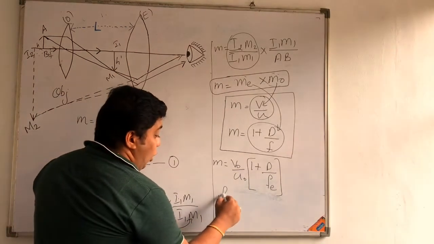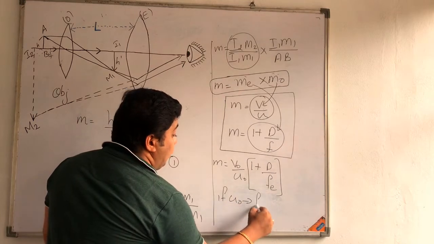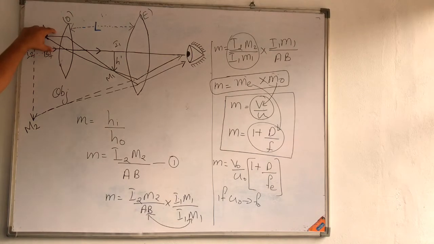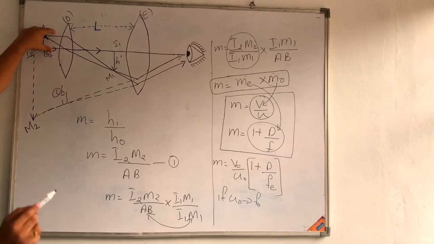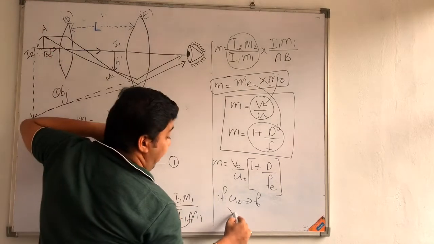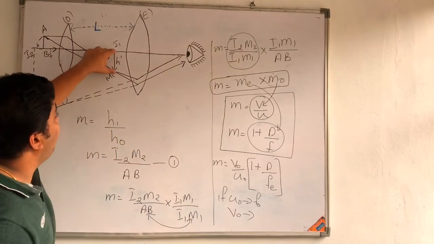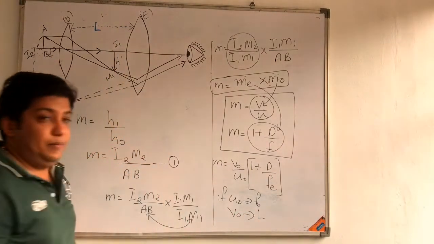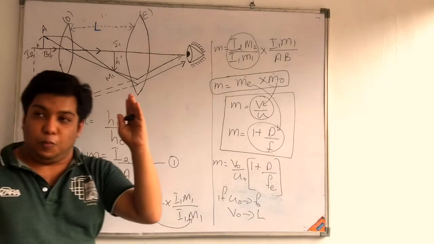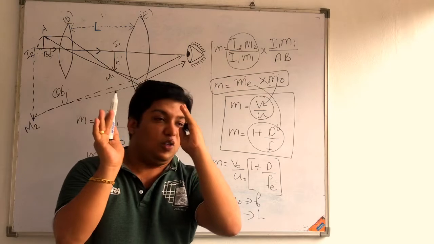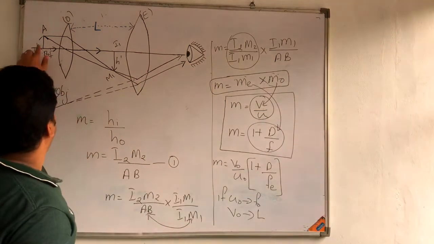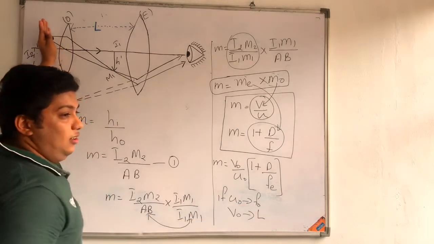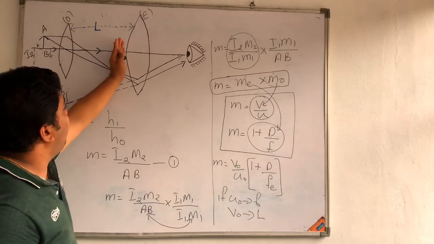Therefore, if the object distance is equal to the focal length of the objective lens, that means the object is moved to the focus, then the image will move towards the eyepiece lens.